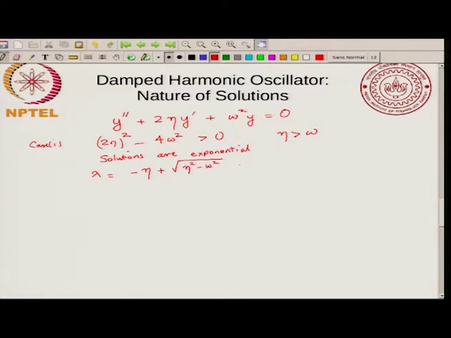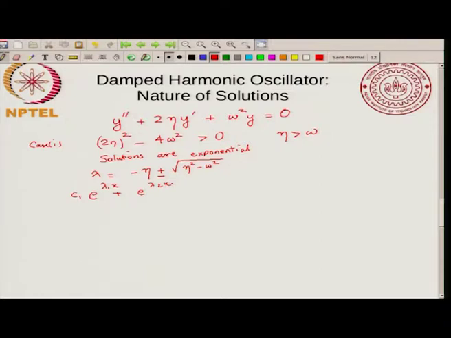Since eta is greater than omega, this solution will be purely exponential. So, your solution looks like e to the lambda 1 x plus e to the lambda 2 x. So, this is the first case.